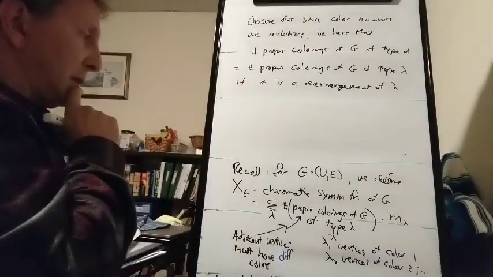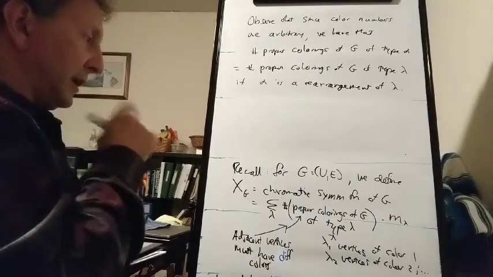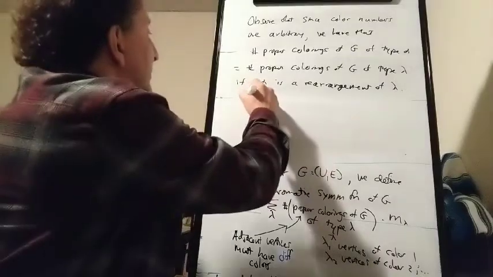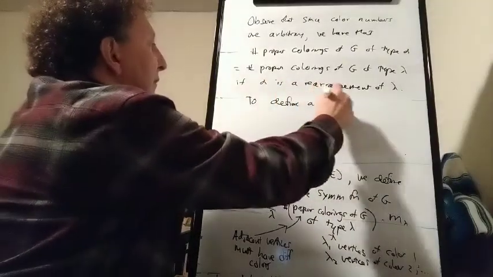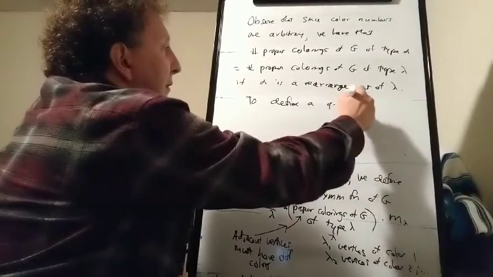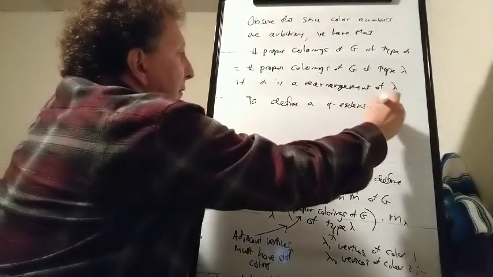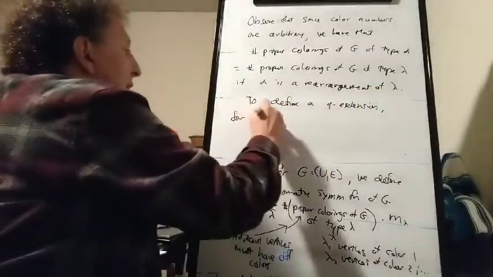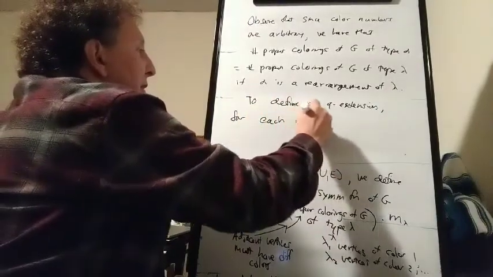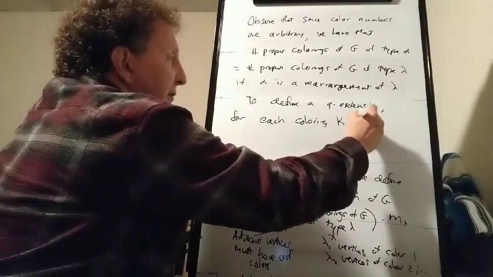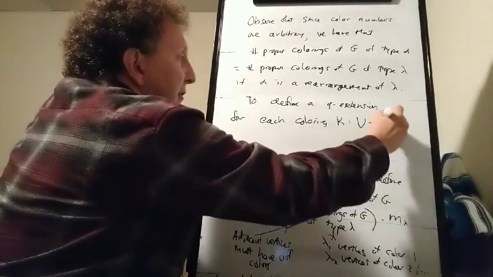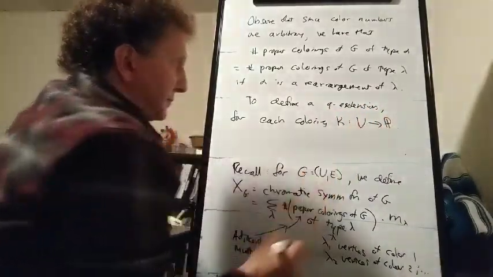Alright, so now let's look at the Q extension. So for each coloring, let's say kappa, we can look at this as a function from the vertices to the positive integers.